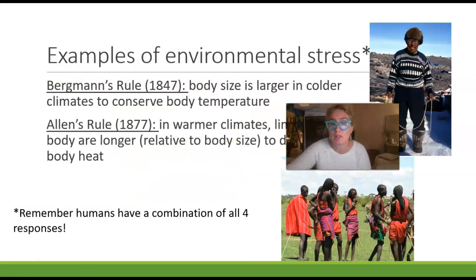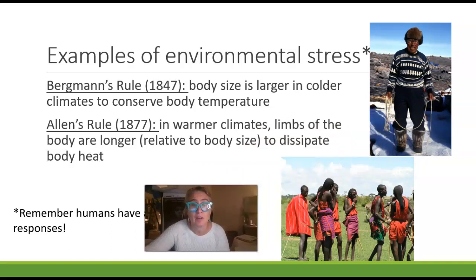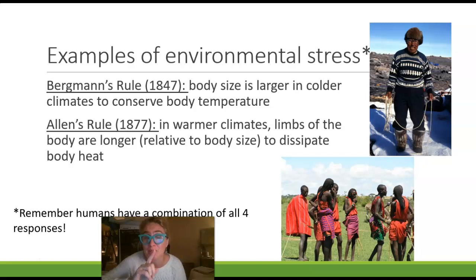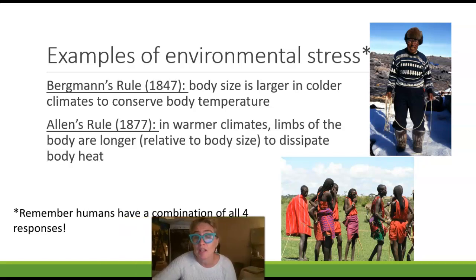Another way to think about this is by looking at some types of environmental stress. And one thing I want to point out is that when we're looking at human populations, we're really looking at a combination of all 4 of those responses.